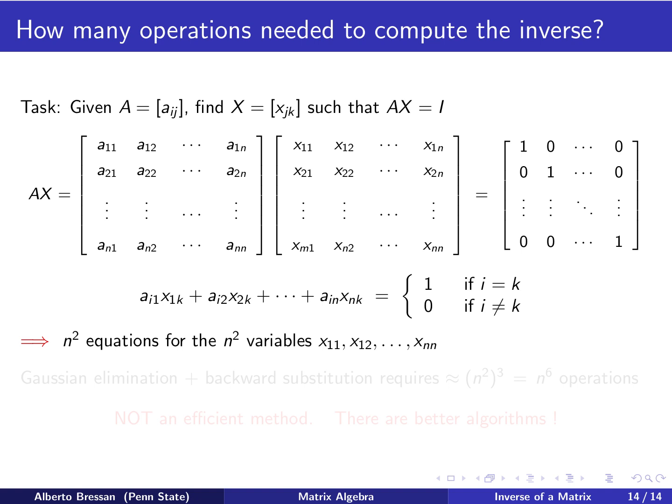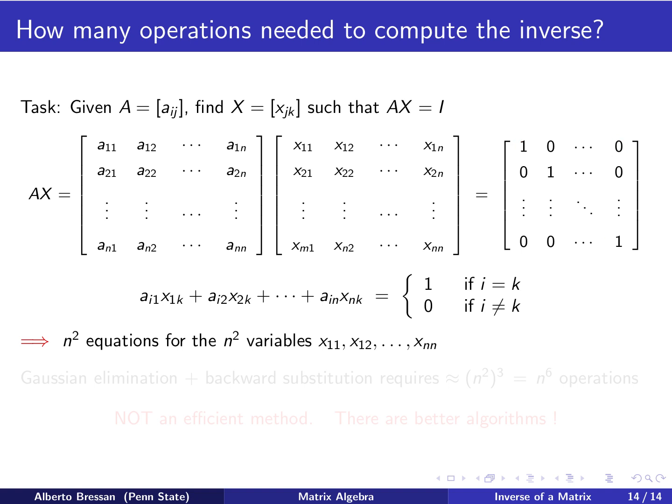Let's say I take the ith row for A and the kth column in X, and this sum should equal either 1 or 0 depending on whether it's on the diagonal or not. So if i equals k, it will be a diagonal element, so it must be 1, and otherwise it's not on the diagonal and it shall be 0. We'll have that for every element here.